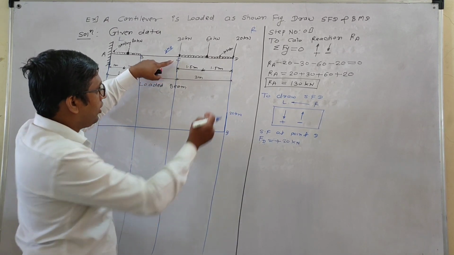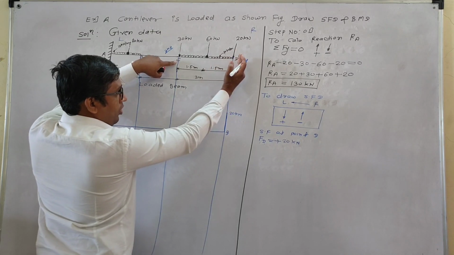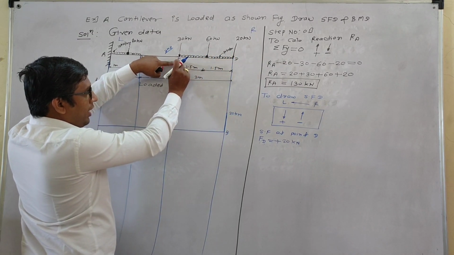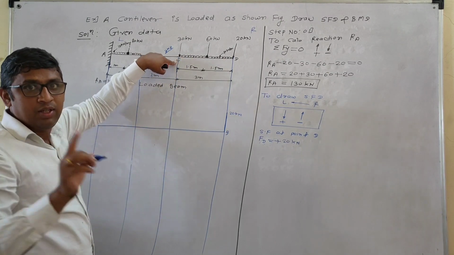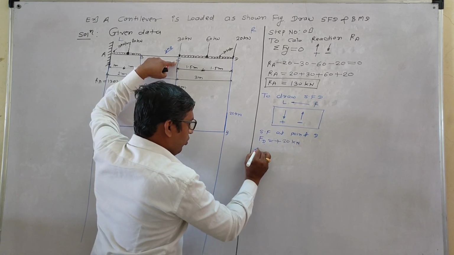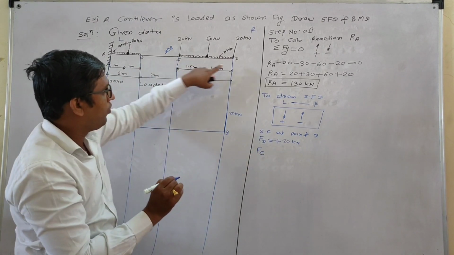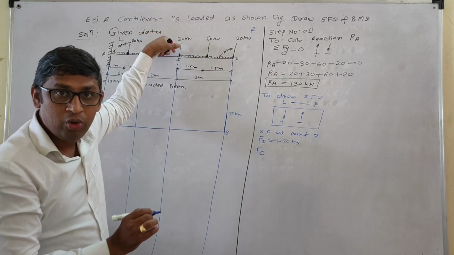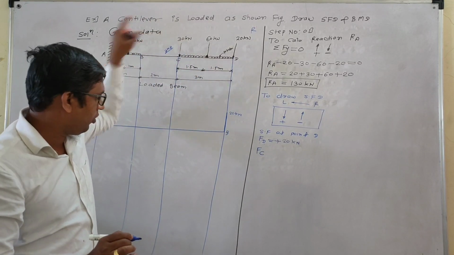Why two? In the algebraic sum from D to C, first the UDL is acting and then the point load is acting at point C.